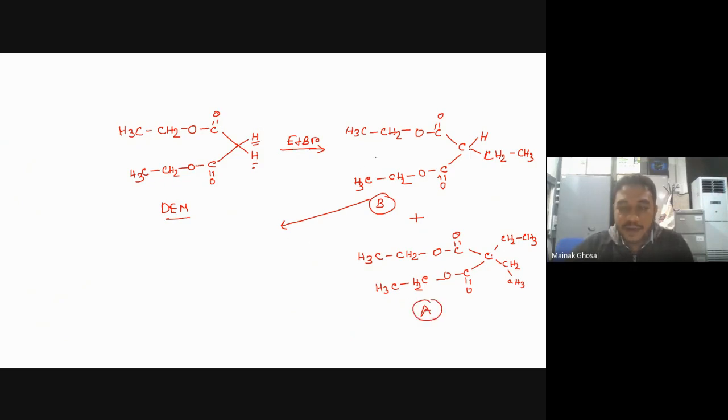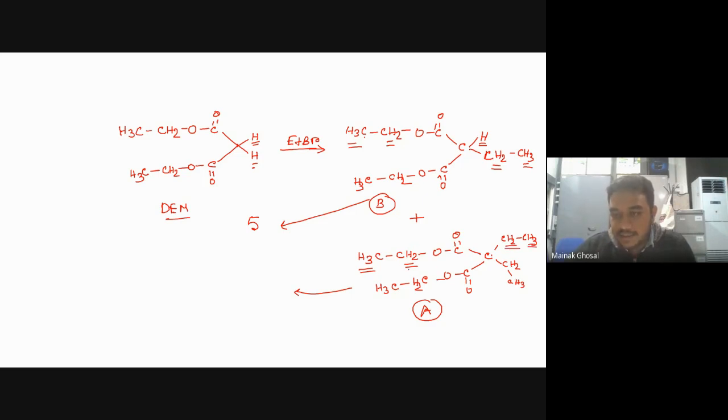So in B, how many signals do you expect? Here 1, this and this are equivalent. Here 1, 2, 3, 4, 5. So 5 signals. How many signals do you expect here? 1, 2, 3, 4, because these groups are equivalent.